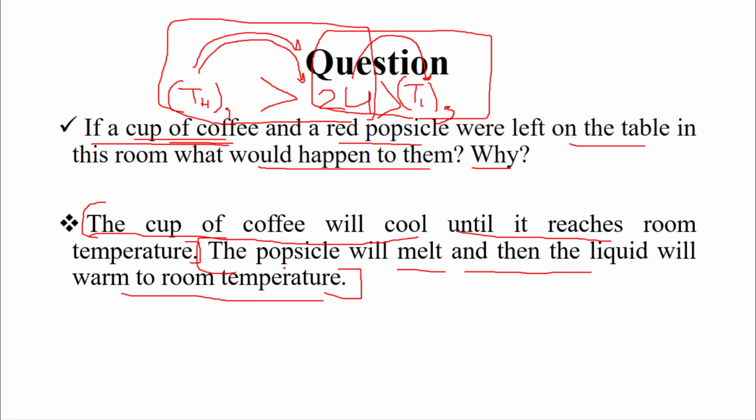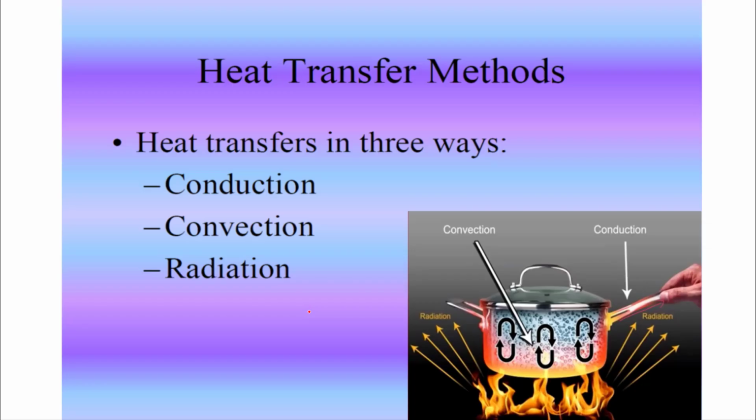So it will change its phase from solid to liquid, and then this liquid, which exists at a lower temperature than the room temperature, will warm up until it reaches the room temperature.